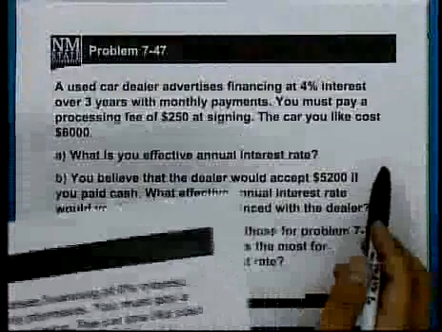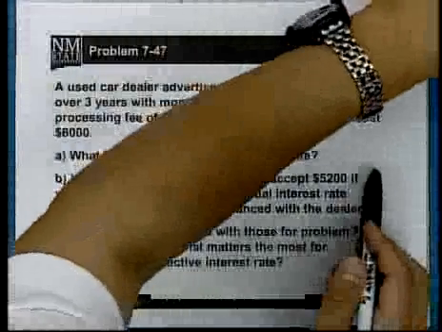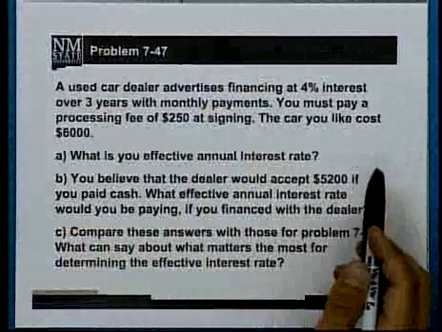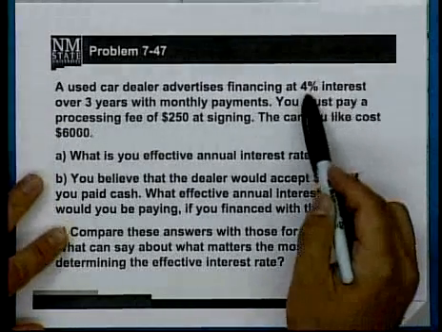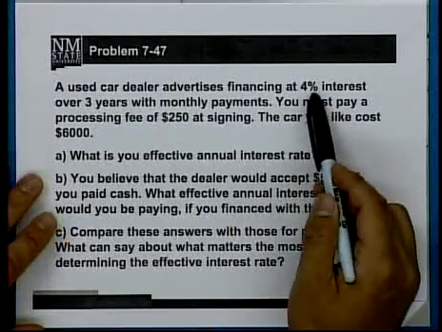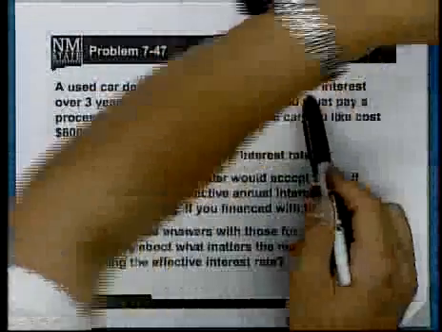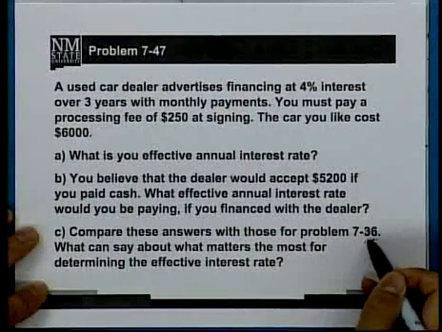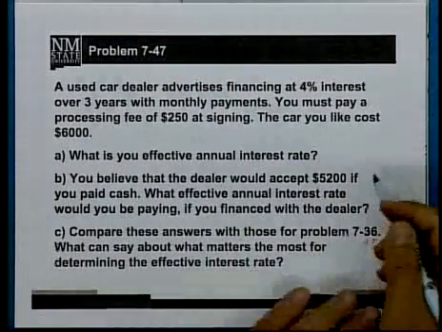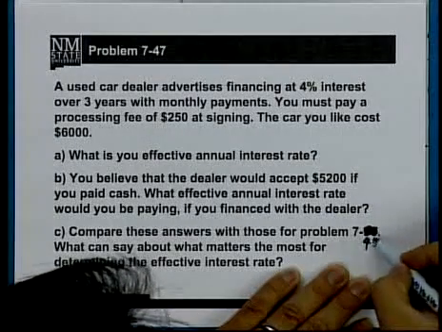I think this problem is very similar to the previous one, problem 7-45. Looks like the only difference is this time the dealer offers 4% interest, 4% finance instead of 0%. Okay, and we have one more question. Compare these answers with those for problem, sorry, this is problem 7-45.